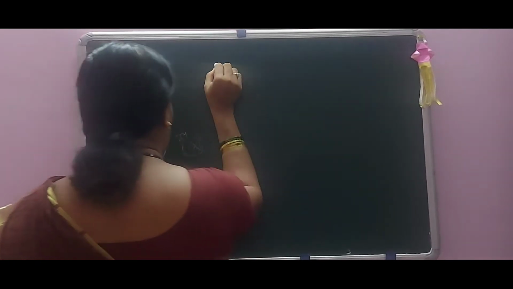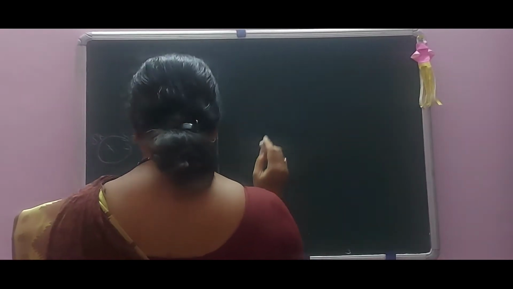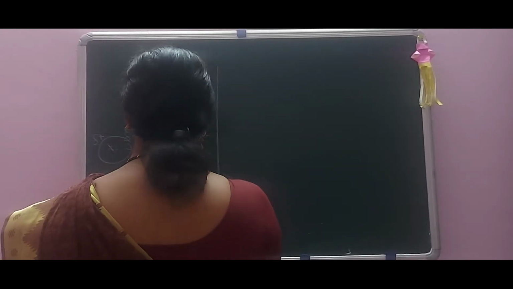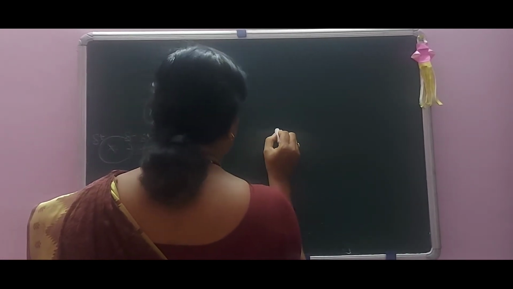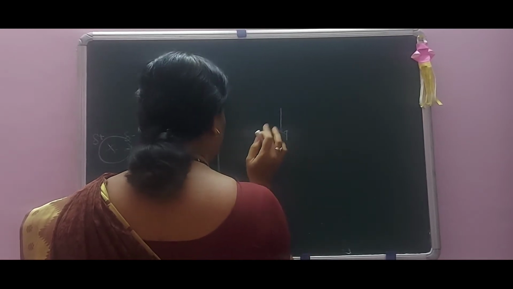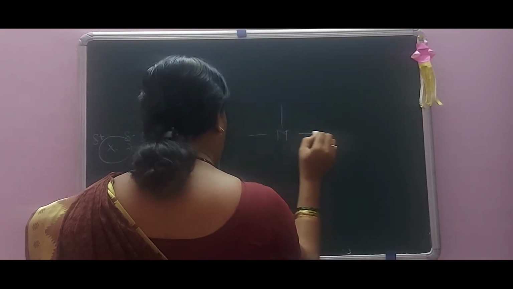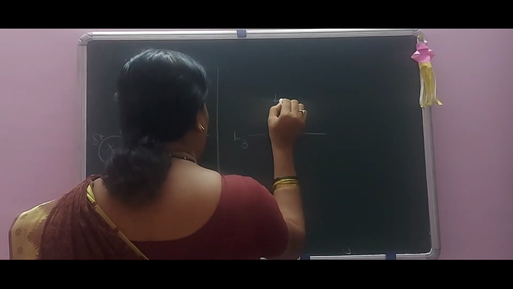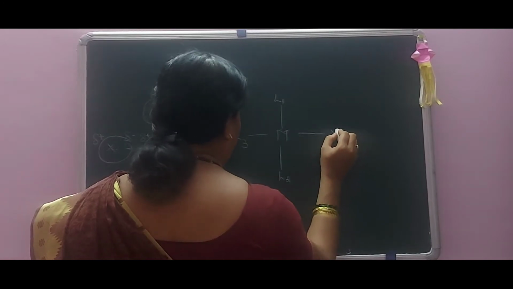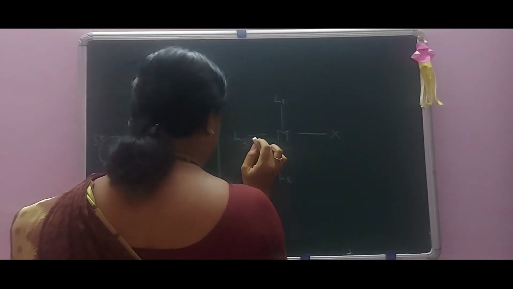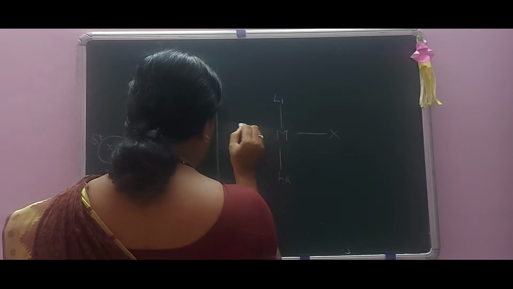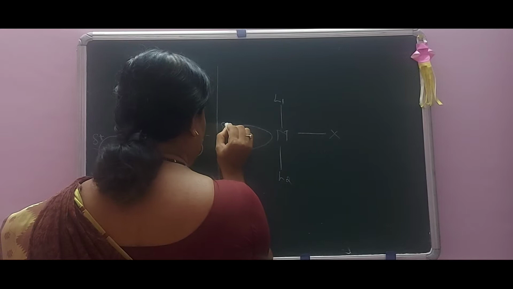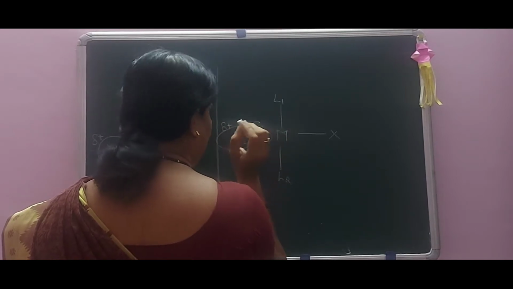Now in the second diagram, what happens? Suppose all the ligands are the same, with M here and the ligands L1, L2, L3, and here the X. Here it develops polarities as delta plus, delta negative.